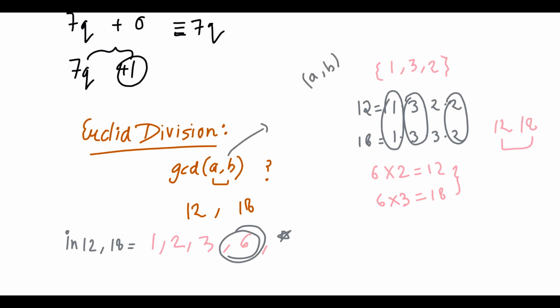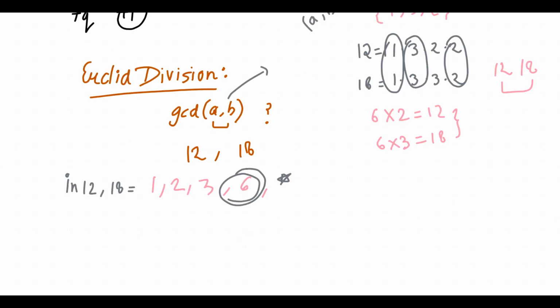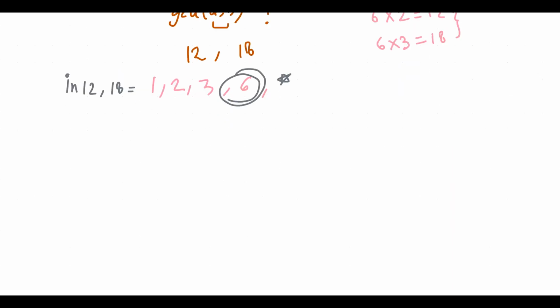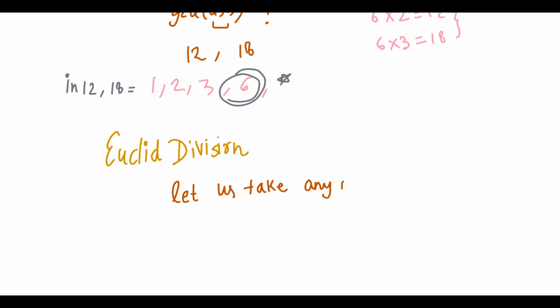So now Euclid division comes here, right? What is Euclid division? Actually, it is a division algorithm type thing. Let us take any integers b and c.